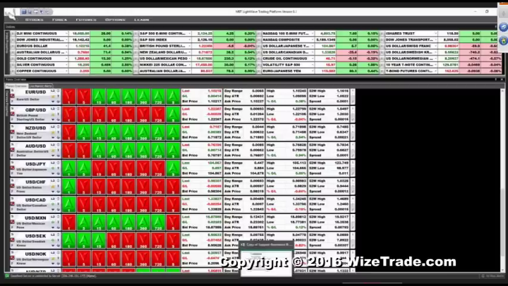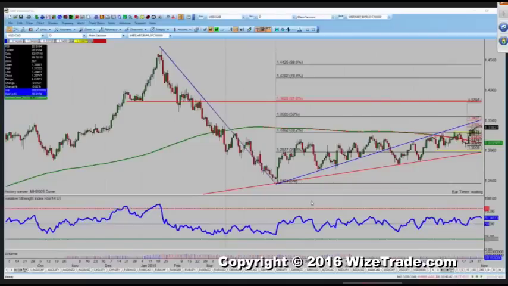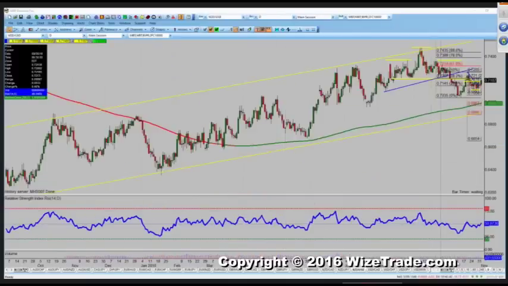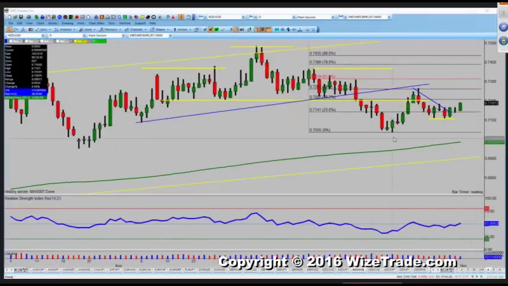Let's go over to the Kiwi. All right, so here's the Kiwi. The neckline, previous neckline, is still at 72 cents. That's at the head and shoulder. Let's remove that.